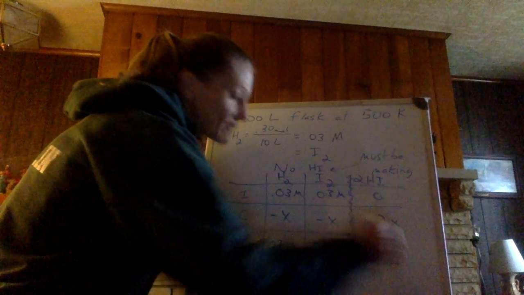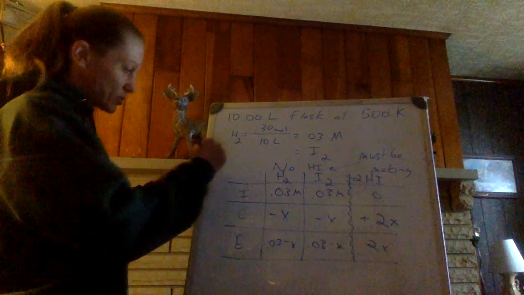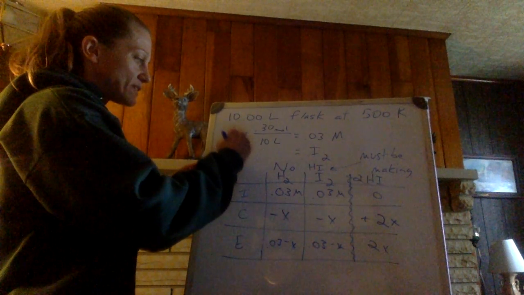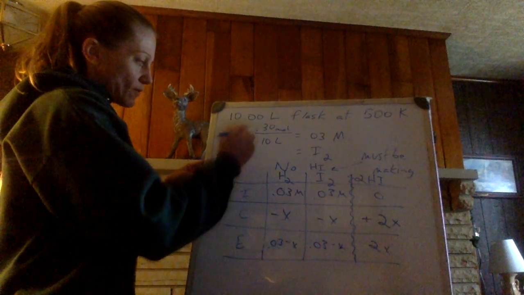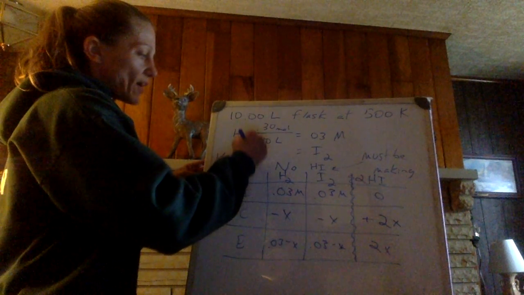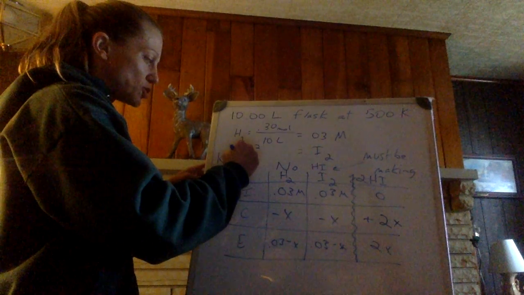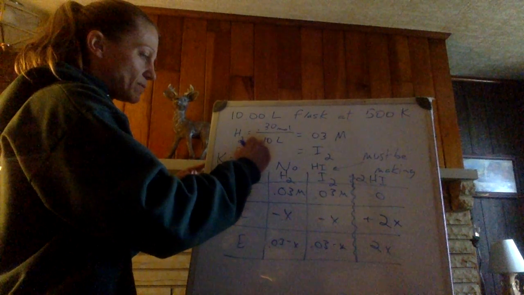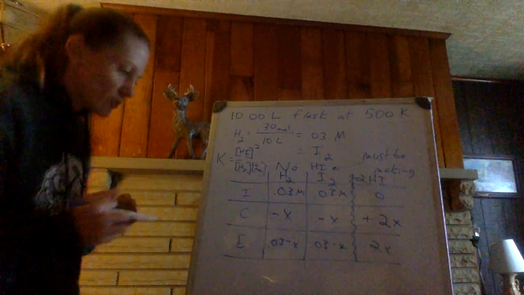And then 2x here. When I write my expression, and I'll just sort of squeeze it in up here, K is going to be HI squared, because the coefficient's 2, over H2, I2. Good. So let's sub in.